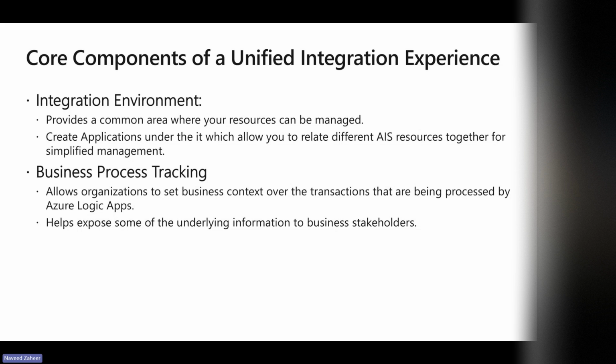The business stakeholders also need to know certain key information when this kind of integrated process is happening. For example, for a new hire, they may want to know which department they are going to, how much time it took, all of that, and other necessary information, like where they're located.